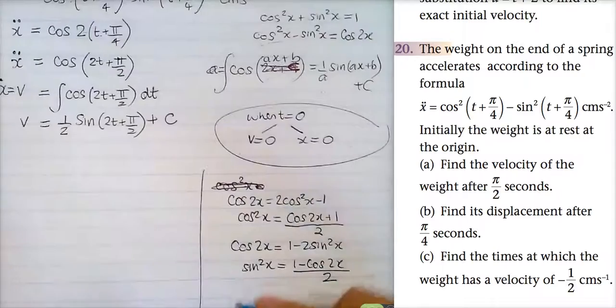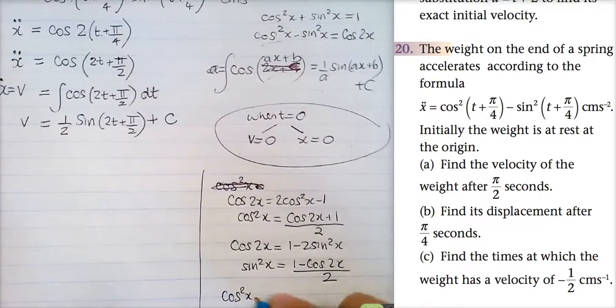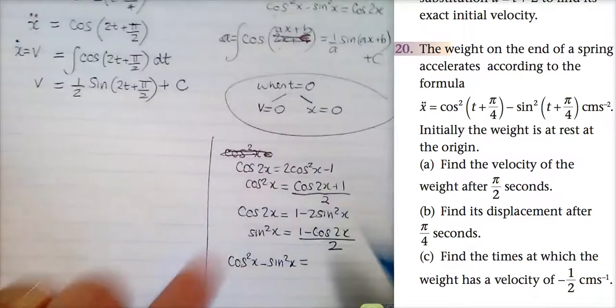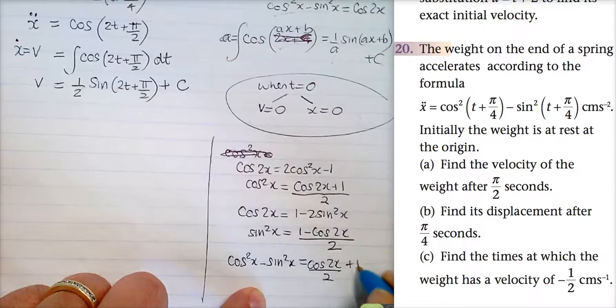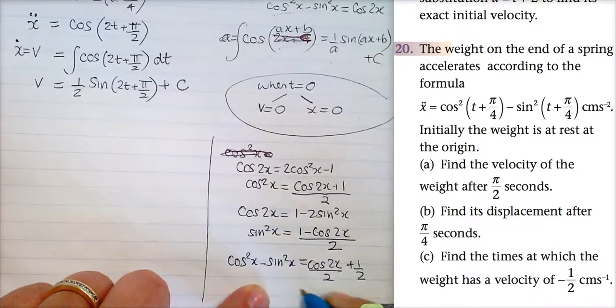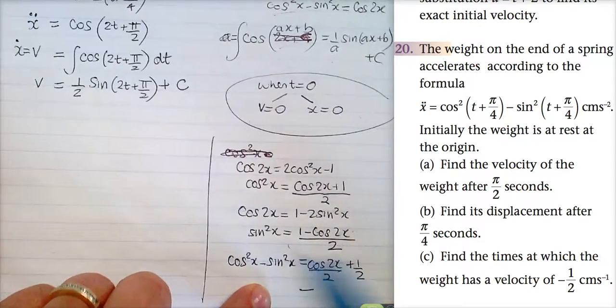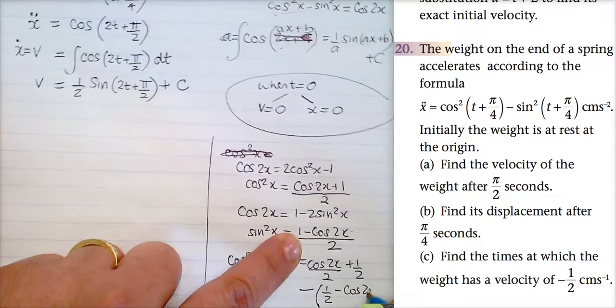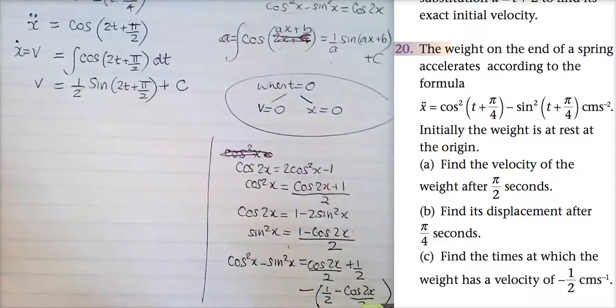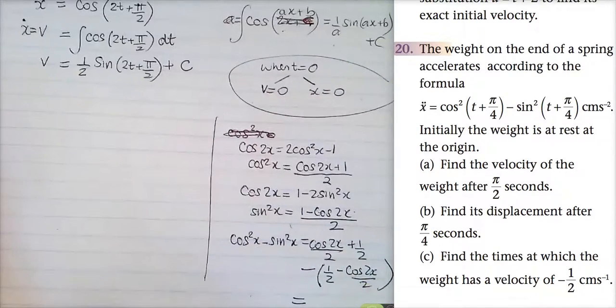Now, just showing you, cos squared x minus sine squared x, which is what we had, is cos 2x on 2 plus a half, minus bracket a half minus cos 2x on 2. What do you get?